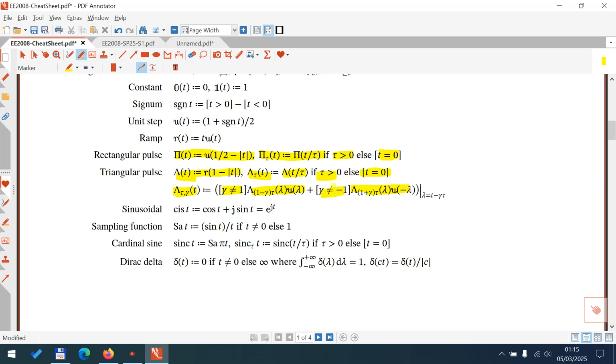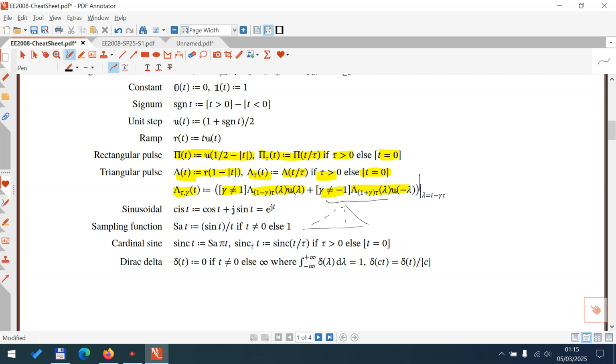This bracket ensures that gamma equal to -1 is not considered. Other than that, these two terms will add up as the two parts. So if you remember in that diagram, this will give you the left part, and this will give you the right part. And in the extreme cases, only one of them is supposed to be there.